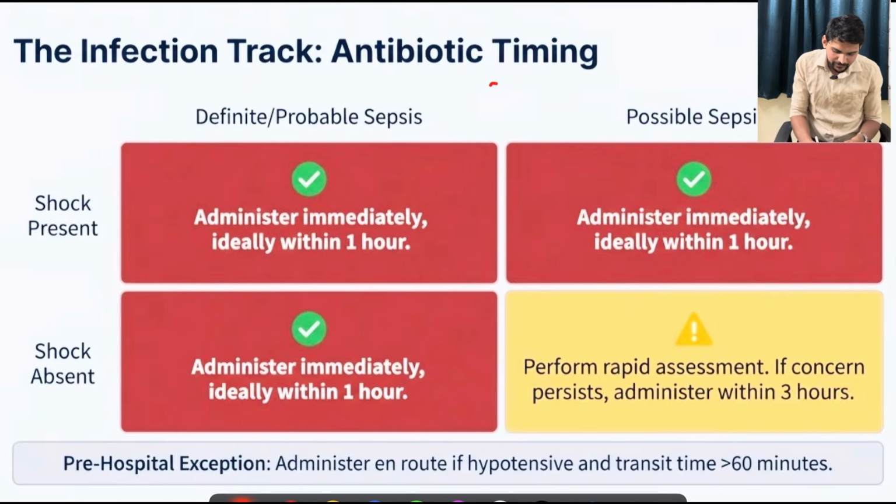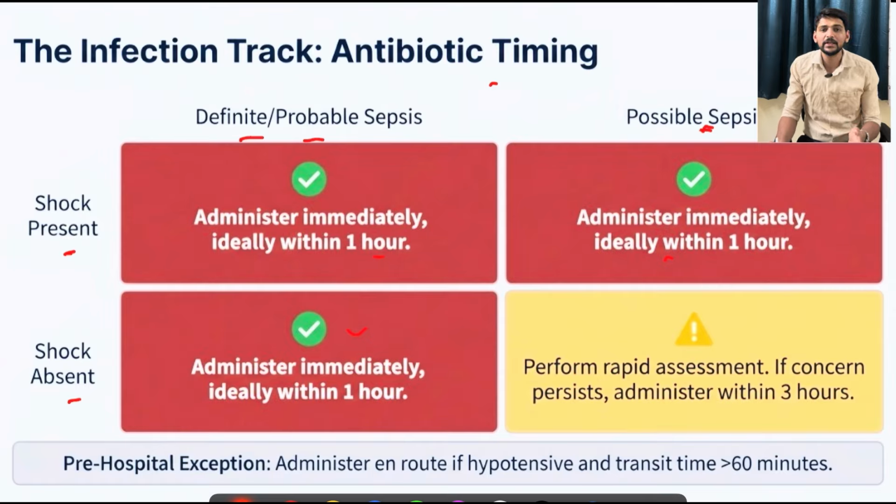Then antibiotic timing, as I have just mentioned. Suppose there is septic shock, you have to give it immediately within 1 hour, whether there is definitive evidence of sepsis or possible sepsis, it doesn't matter. But suppose the patient is not in septic shock, meaning there is no shock, but there is definite or probable sepsis, administer it.